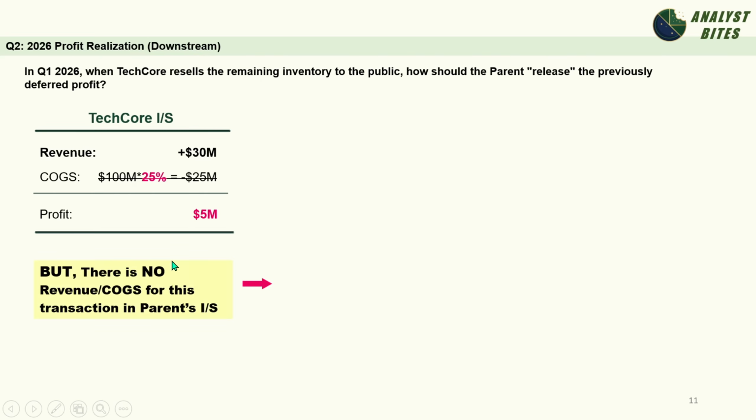By 2026, no new trades occur between them, so the parent's individual records stay silent. If we don't add back that 10 million profit from last year, this portion of the final sale will be missing from the group's total. This adjustment is essentially a release of the profit we suppressed last year.